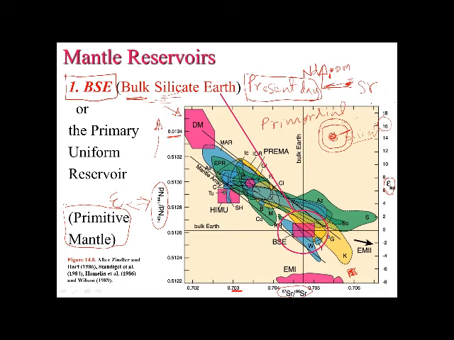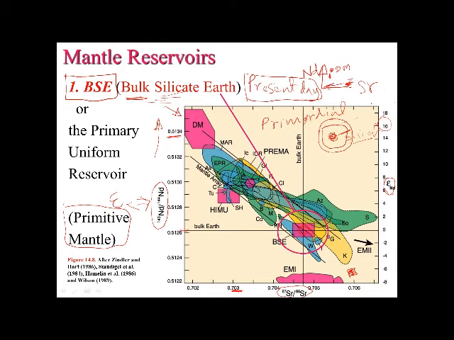So that composition we term as bulk silicate earth, BSE composition, and that BSE composition is lying here. You can see this rectangle here. This composition, the strontium isotopic composition and the neodymium isotopic composition, is here. The neodymium is 0.5126 something, a little bit, 267 or something like that.